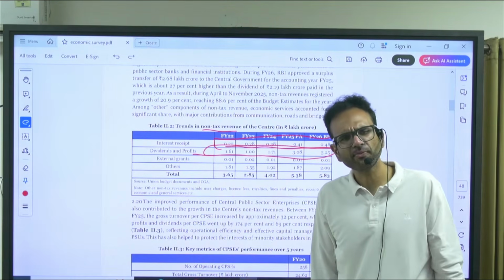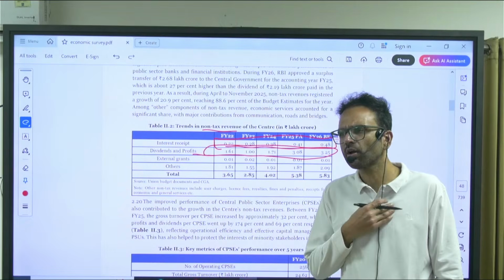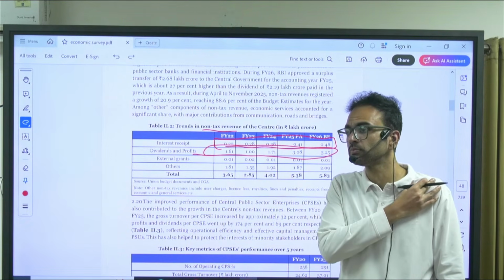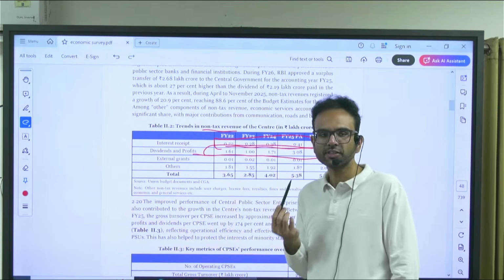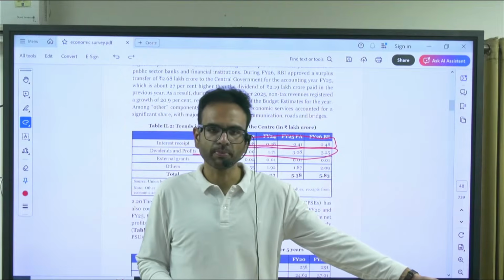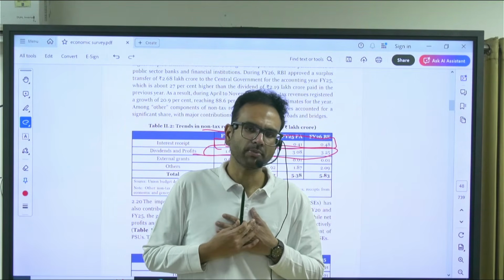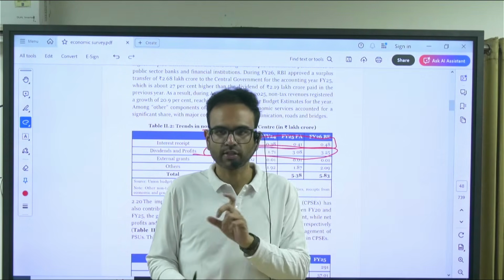What is a dividend first of all? What is the difference between a dividend and a profit? Profit means, let's say, I bought this pen from the manufacturer for 10 rupees. I sold it in the market for 15 rupees. I took the 5 rupees profit, the difference, or seigniorage as it is called.